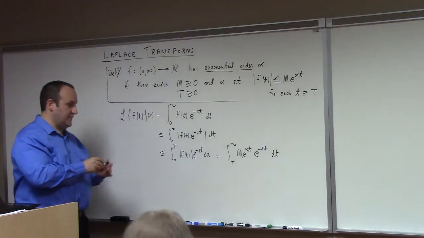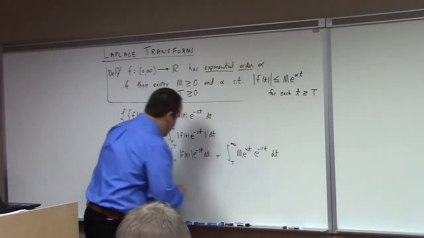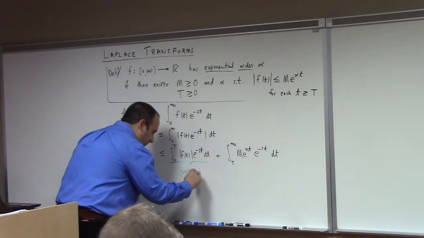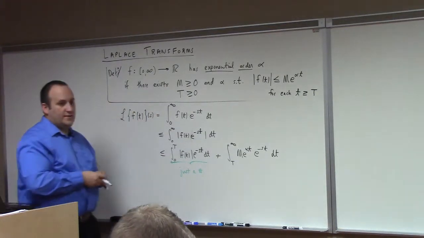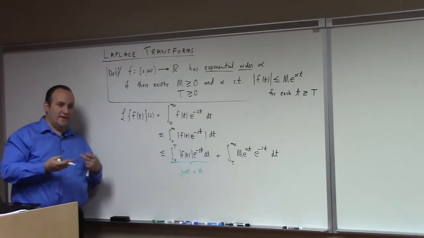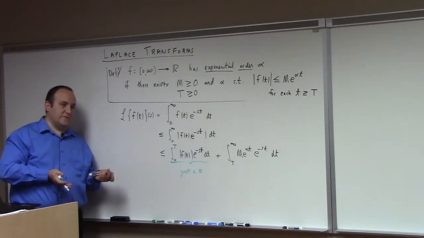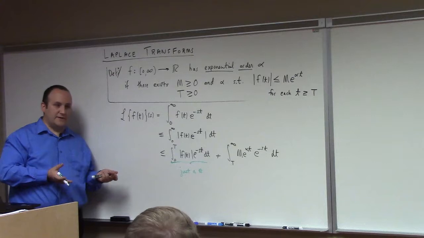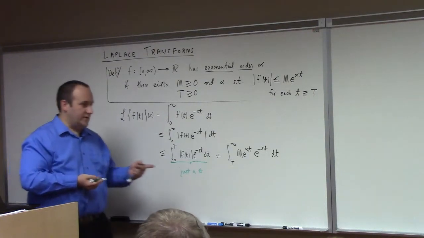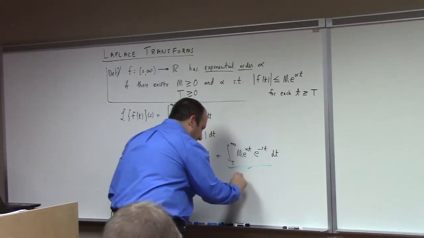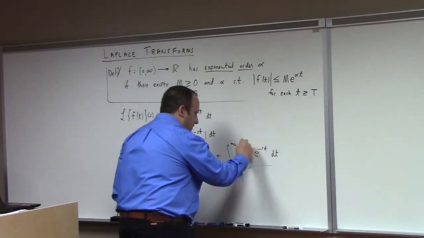Now, here's the deal. I'll just get to it. This is just a number, right? Assuming that f is a function such that the integral from 0 to that big T is finite, that piece is controlled, right? It's not going to blow up or anything. And how about this piece over here? Well, this is basically M. And then this algebra tells me what?